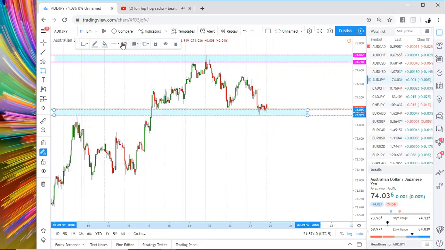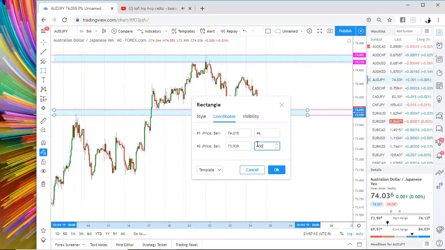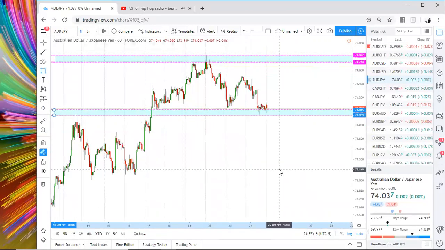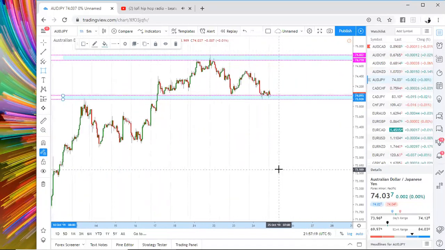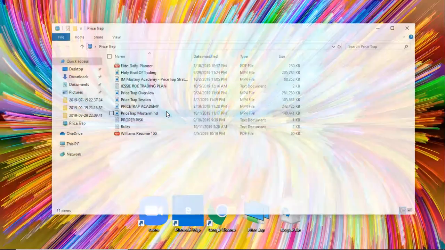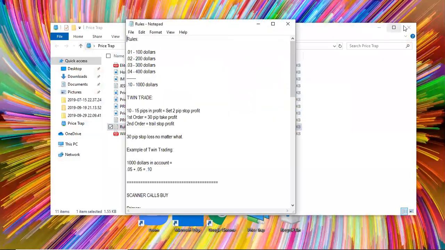If I want to go even more in depth, what I can also do is add stuff in there too. So for example, I could add the rules.